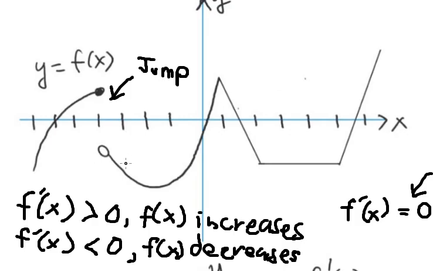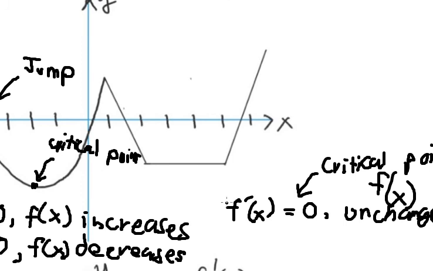Later this one is decreasing until it reaches this point in here, and then it goes up again. So this point in here is a critical point. Because this is a critical point, the first derivative of the function equals 0 in here.